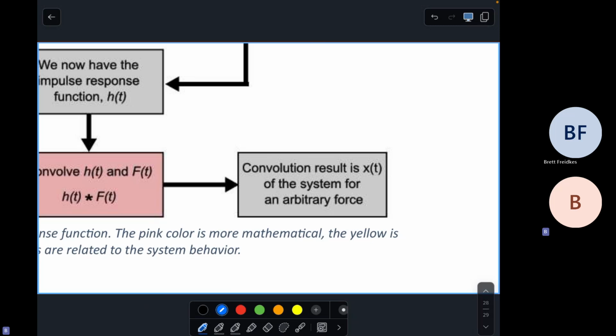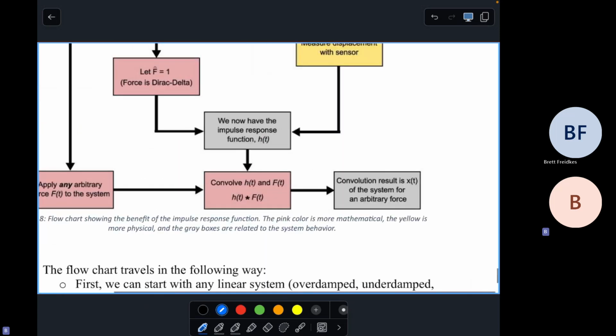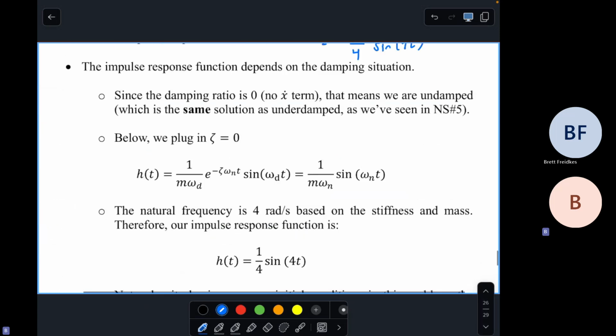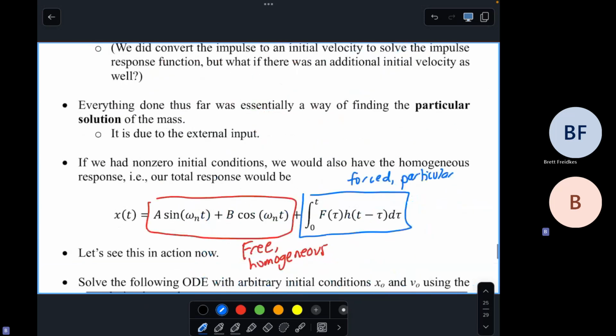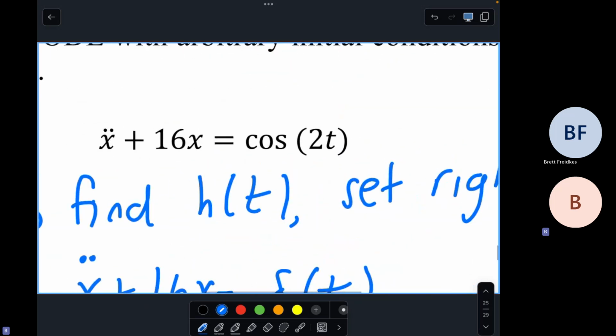The force was cosine. If you need to find h of t, that is the specific case where the force is Dirac-Delta. So you have to do that on your own.